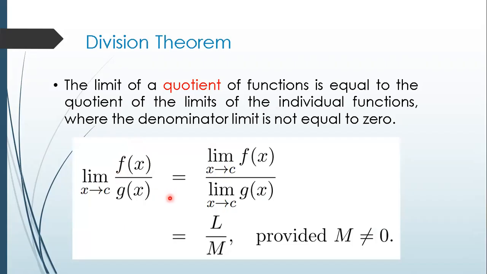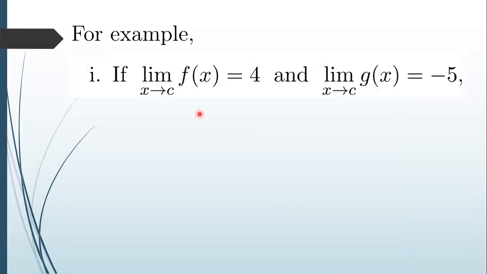The limit of f of x over g of x as x approaches c is equal to the limit of f of x as x approaches c over the limit of g of x as x approaches c, which is just equal to L over m, provided m should not be equal to 0 because it will make our answer undefined. That's for the division theorem.